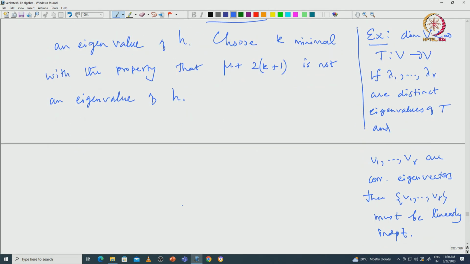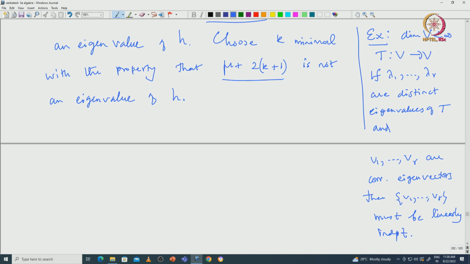It means actually mu plus 2k is an eigenvalue. So, you can also choose it in such a way that this x power k v is non-zero, basically the eigenvector corresponding to x power k v.